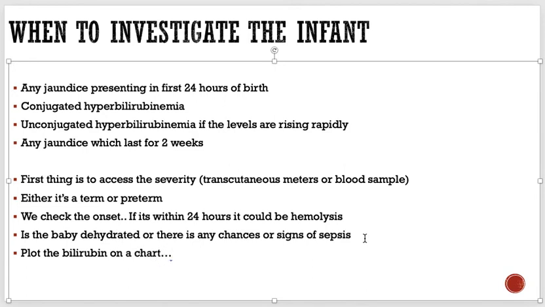We keep charting, to see whether the levels are going up or not. There are something called nomograms available. Based on that we discuss whether this baby needs some type of treatment, or there is no need of any treatment, right? So these are all the points which you have to remember about jaundice.